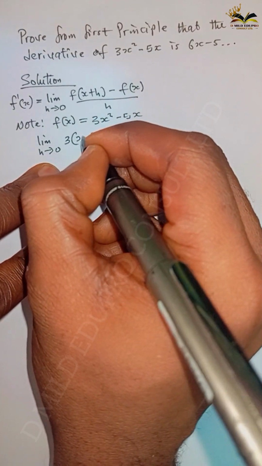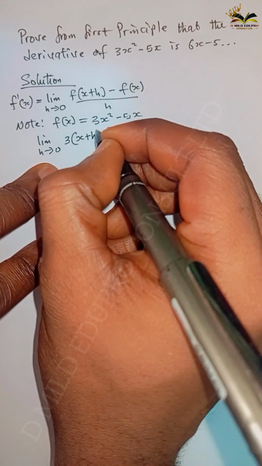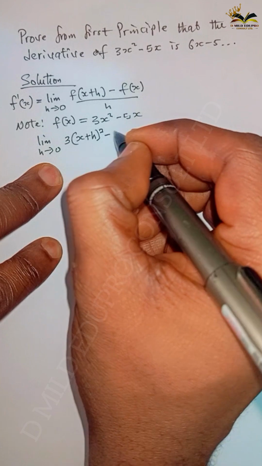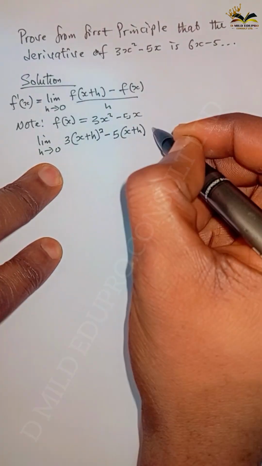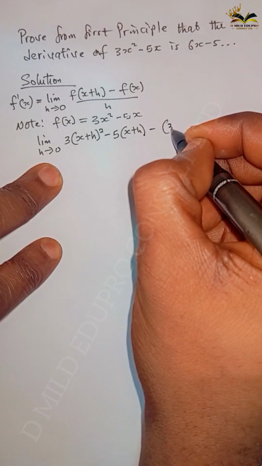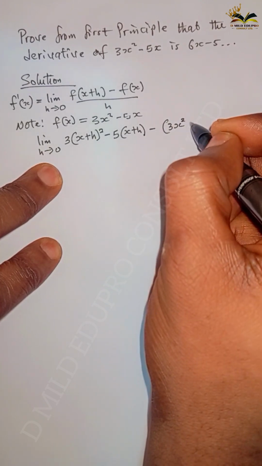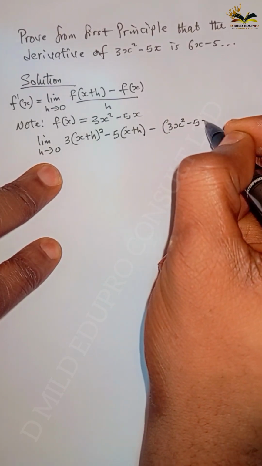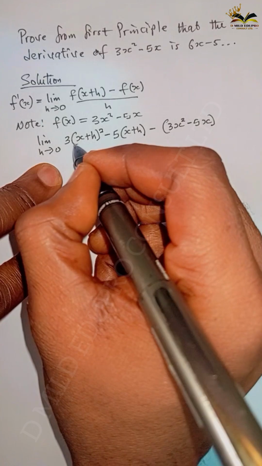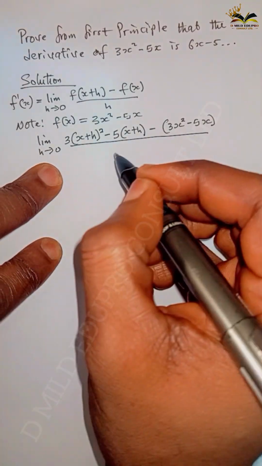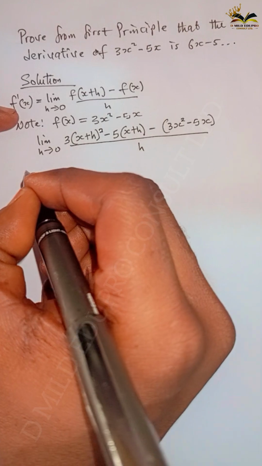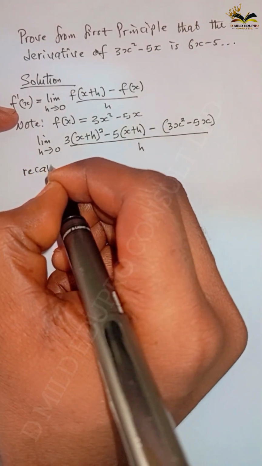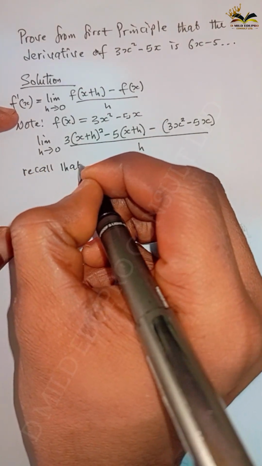So we are going to add increment, which is h, to wherever variable x is. And once that is done, we open the brackets. But first off, I want you to note that x plus h raised to power 2 is the same thing as x plus h times x plus h.